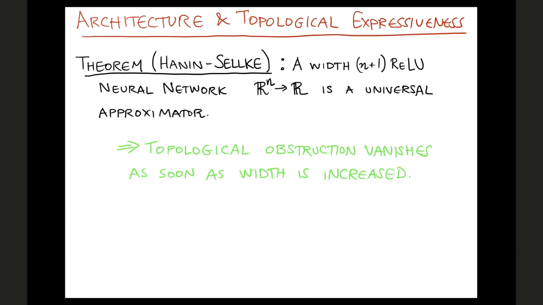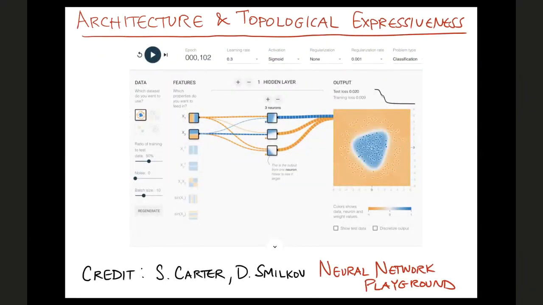Let me give a quick example here. This is well known, but if you want one of your decision regions to have a single bounded component, it's really easy to do that just by taking a single hidden layer with just one more than the input width.